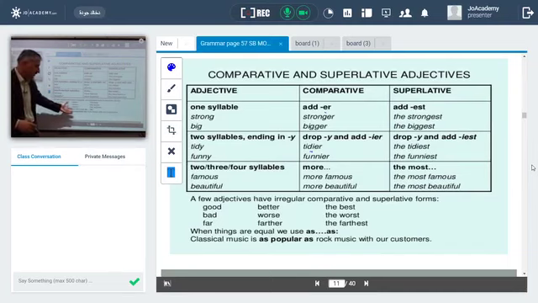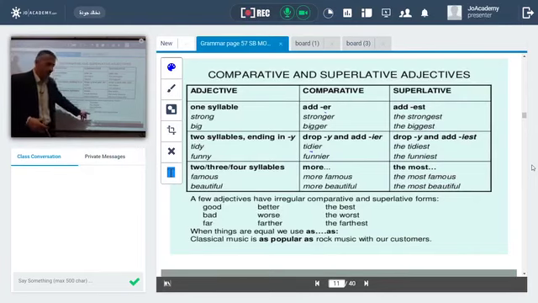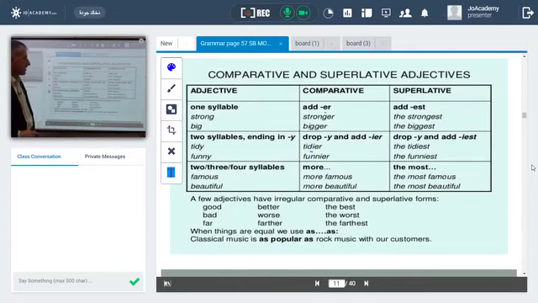Also, we will come to talk about as plus adjective plus as, if they are equal in the adjective. Like we have here, classical music is as popular as rock music with our customers. As popular as. So also it's there.